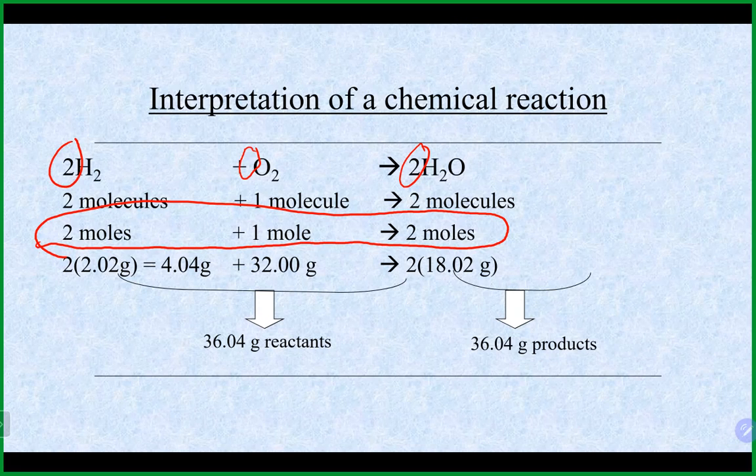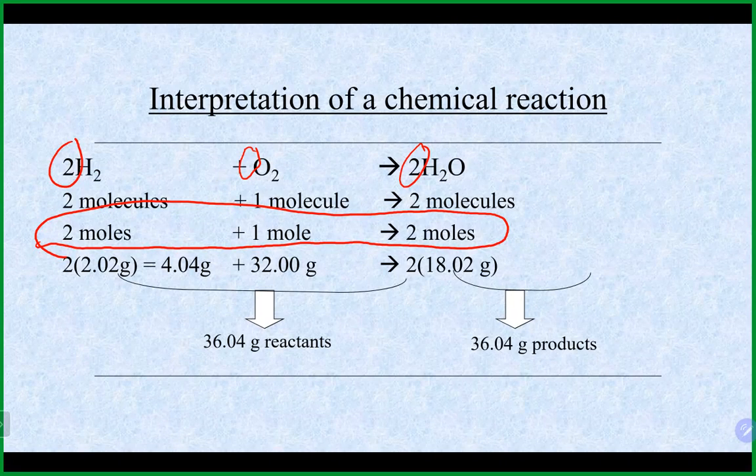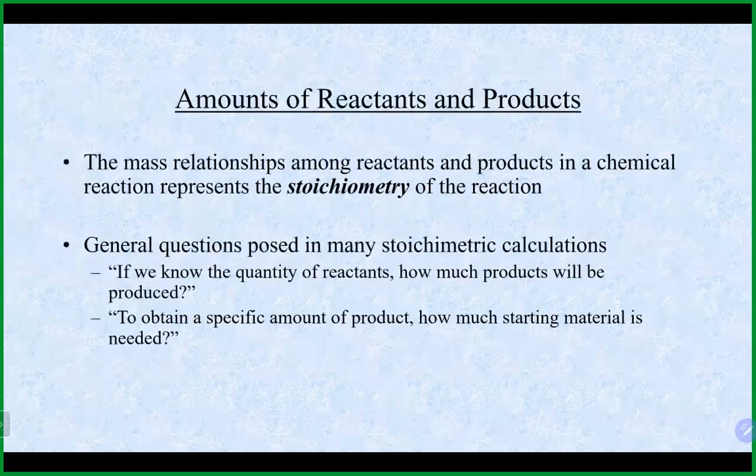The last thing we talked about as well is what is referred to as conservation of mass, because we don't lose any elements along the way in a chemical reaction. They just get recombined in different substances. We should have the same amount of reactants and products in terms of the mass of each of those elements. So the amounts of reactants and products is what is sometimes referred to as stoichiometry.